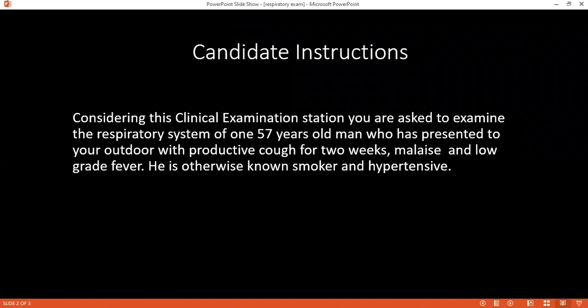Right. So if you have read and understood the clinical examination station, kindly begin your station now.